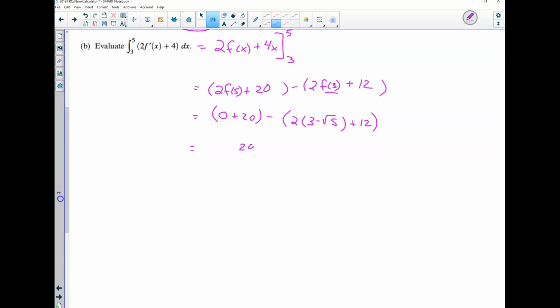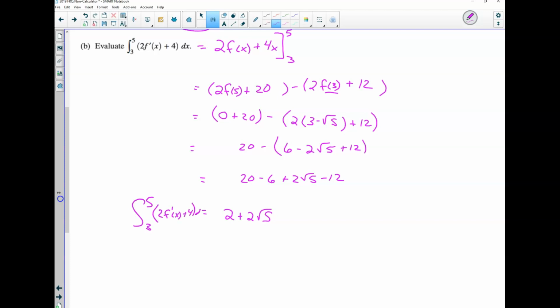This is going to give me 20 minus 6 plus 2 root 5 minus 12, which should give me 2 plus 2 square roots of 5. That should be my integral from 3 to 5 of 2f prime of x plus 4 dx.